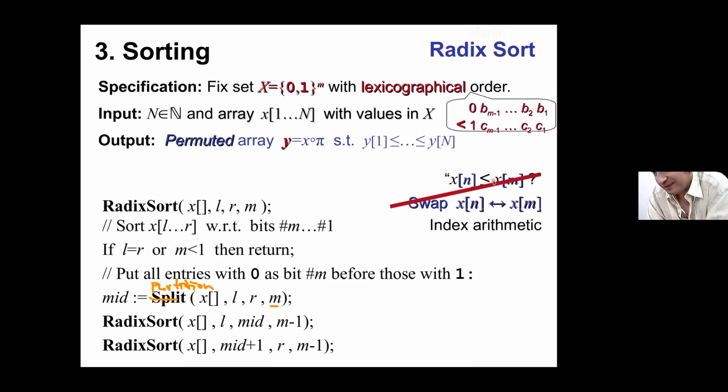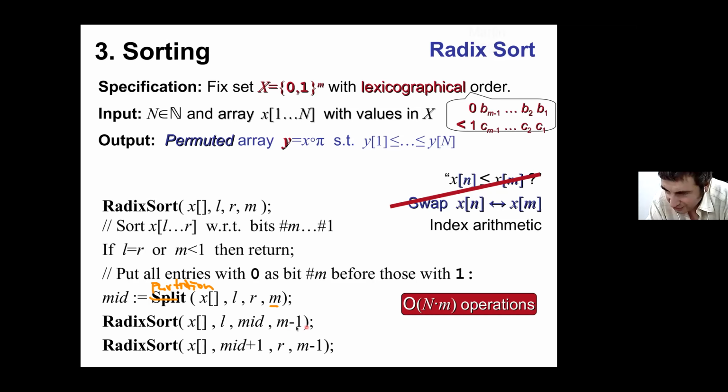Okay, so again, this is not a comparison-based algorithm in the sense that I compare only zeros and ones. And what is the number of operations? It is a little bit different from the QuickSort, because the recursive calls of this procedure change the position of the bit which is considered.